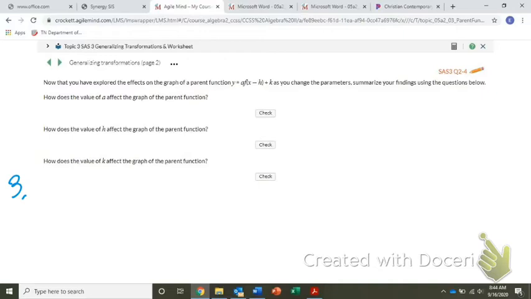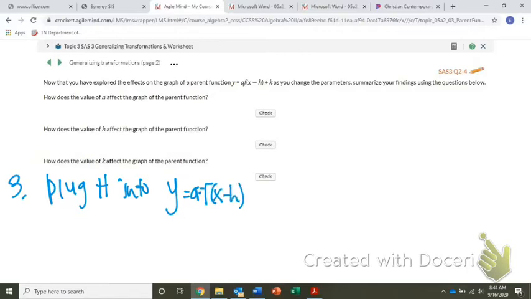So what I want you to write is plug H into Y equals A times f of x minus h plus k.